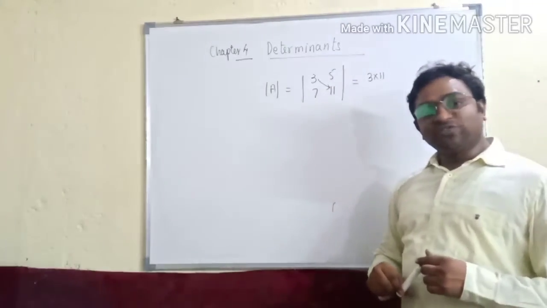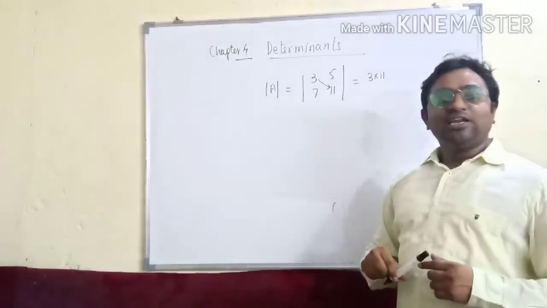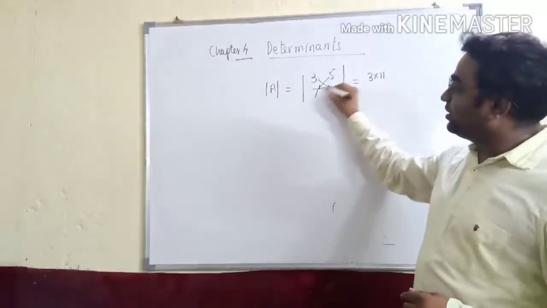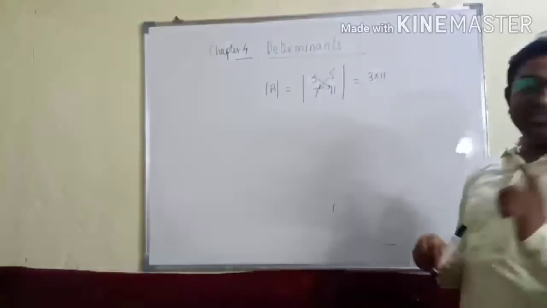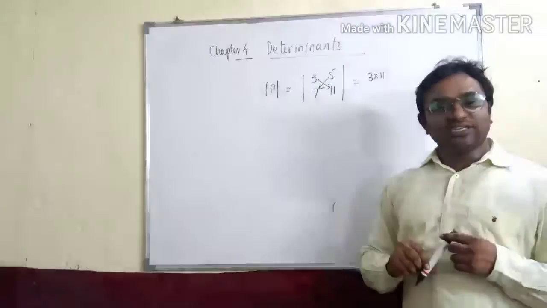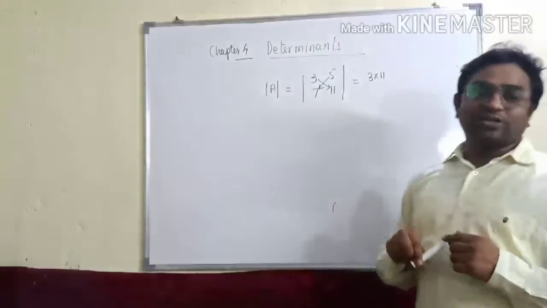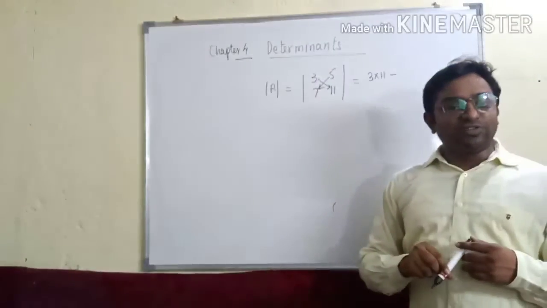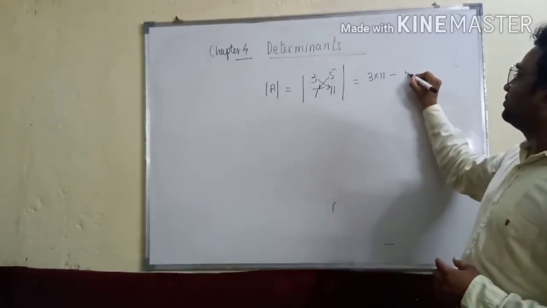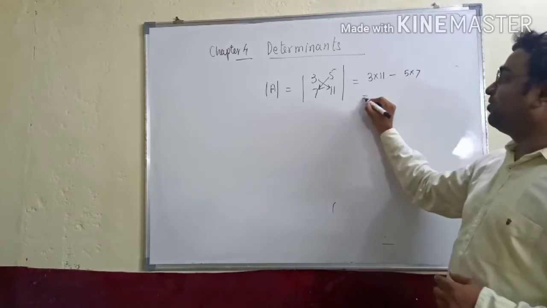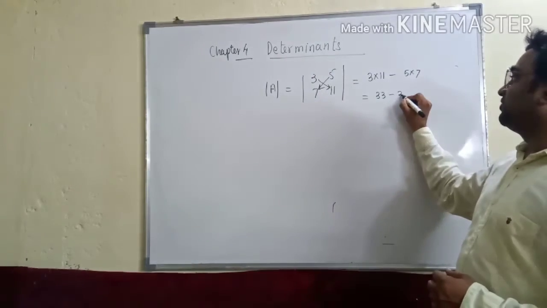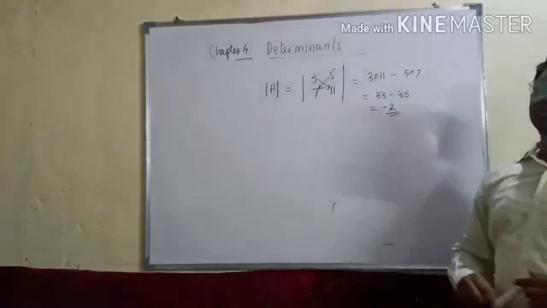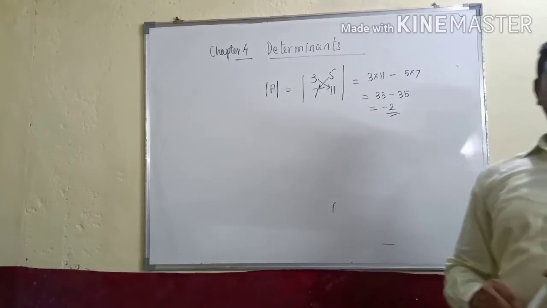First you take the product from upper left to lower right, and from the other corner you will take the product. And there is one important task here. After taking the cross products, you will have to put a negative sign between them, and you will write 5 into 7. Here it will become 33 and 35. So the outcome will be minus 2. So this is the solution of the given determinant.